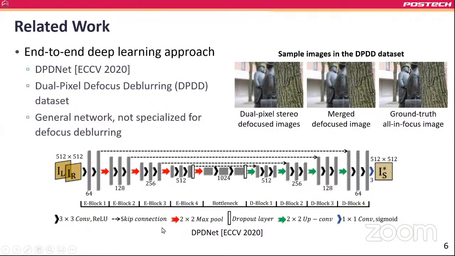Their network is trained to produce the all-in-focus image from this merged defocus image. That means they produce one single defocus image from this stereo defocus image, and then the network is trained to produce this one from this one. But in this paper, they simply use a standard UNet structure, and the network didn't fully exploit the properties of defocus blur, so the performance has some room for improvement.